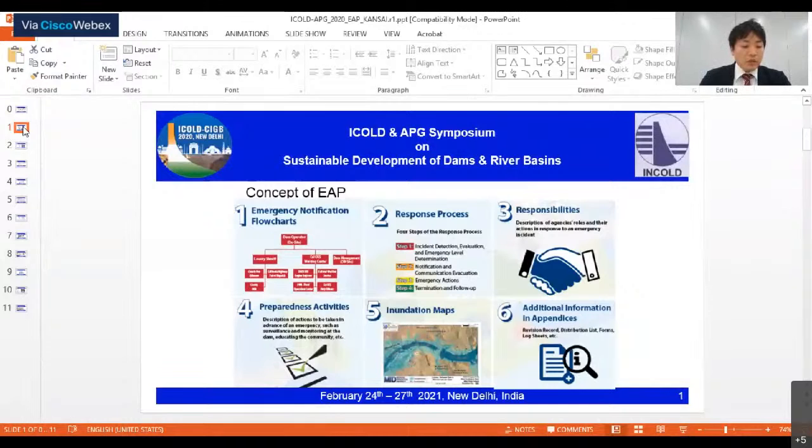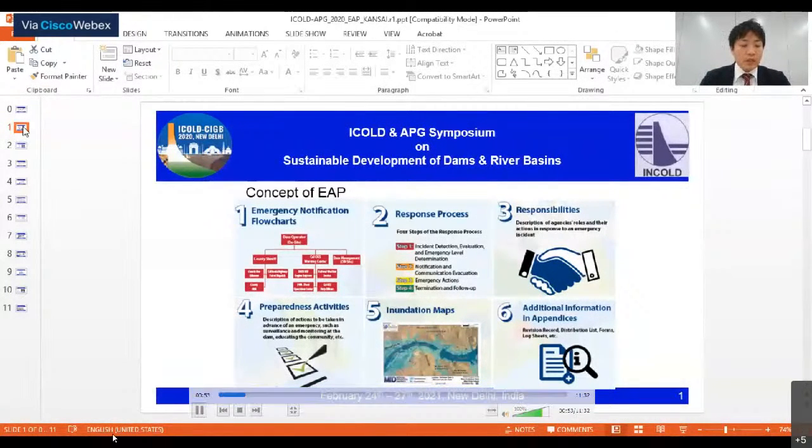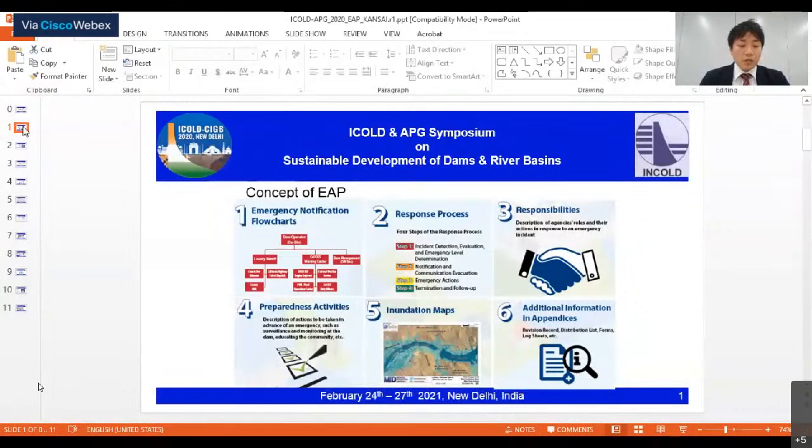The EAP includes the notification flow chart, response process, responsibilities, preparedness activities, inundation map, and additional information. In the guideline, some cases having damage on the assets along the downstream river course are introduced, and it is recommended that the EAP is uniform with other EAPs that are managed by national level agencies.